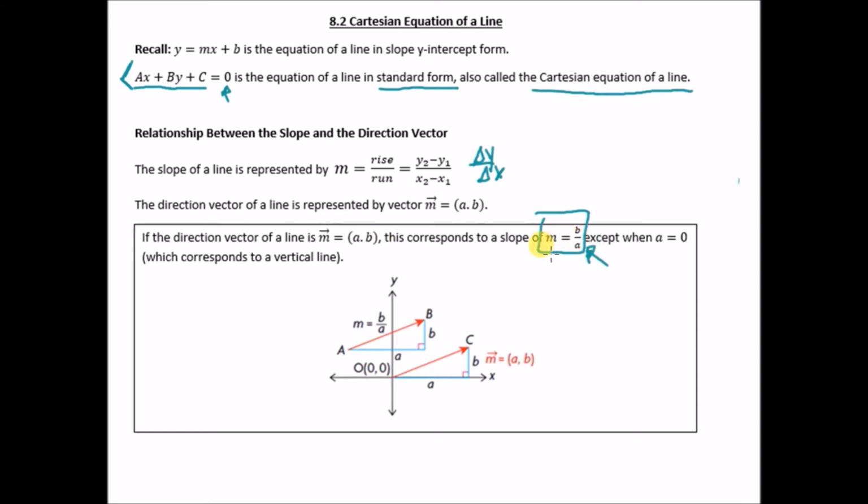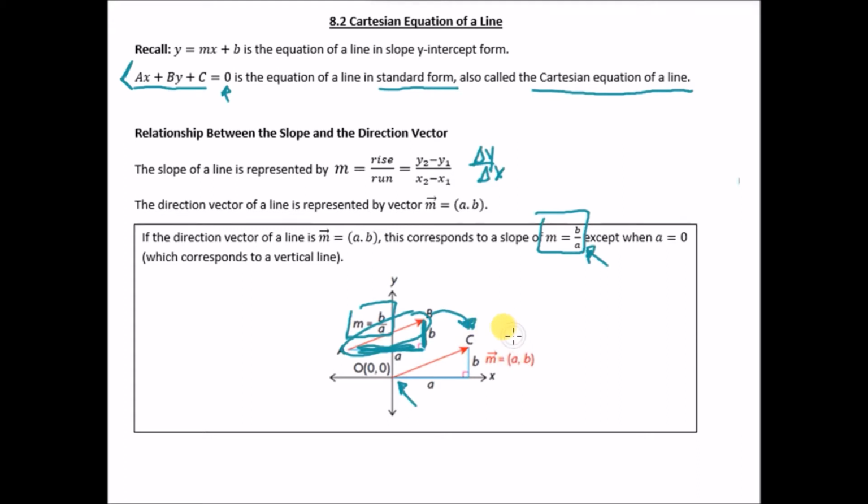the slope is undefined. If we take a look at this diagram, if we have a, b, we can say the slope is rise over run: b units up and then a units to the right. However, with direction vectors, we take this direction vector and refocus it at the origin, 0, 0, and now it's a vector a comma b.